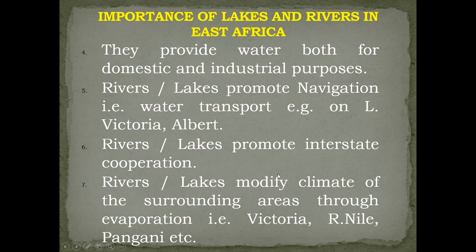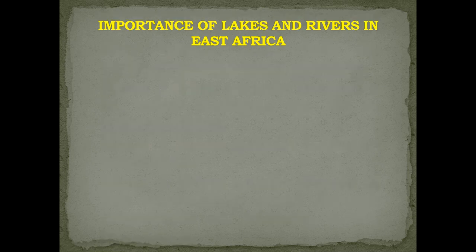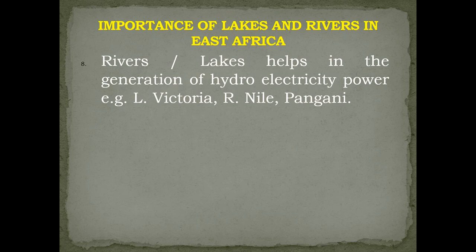So these lakes modify climate through evaporation, and a lot of rainfall is received around these water bodies. And that type of rainfall is called convectional rainfall.